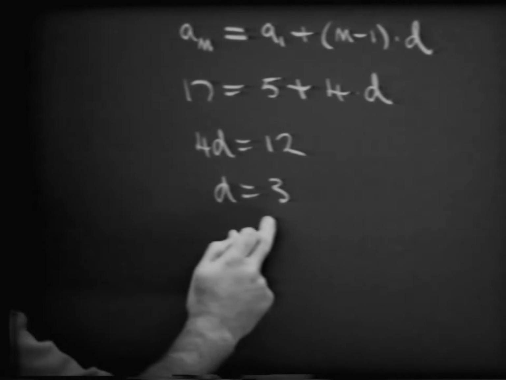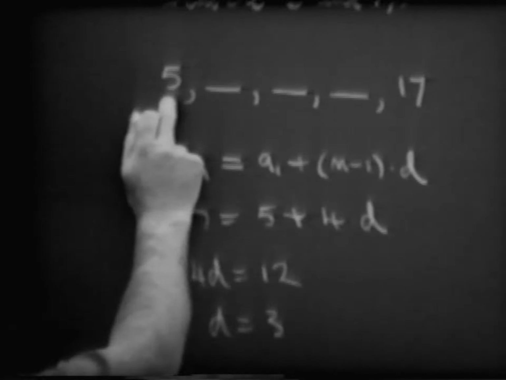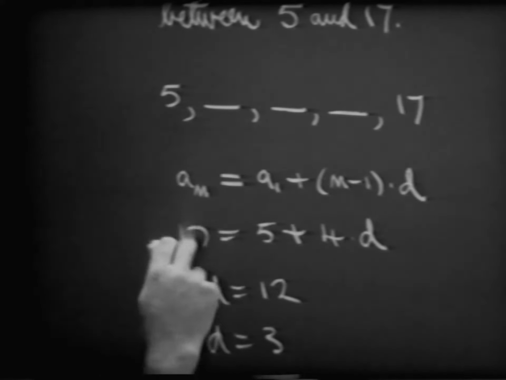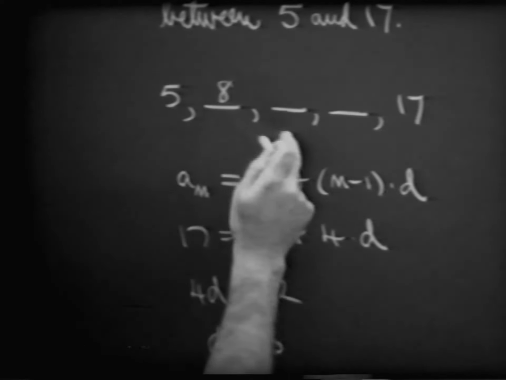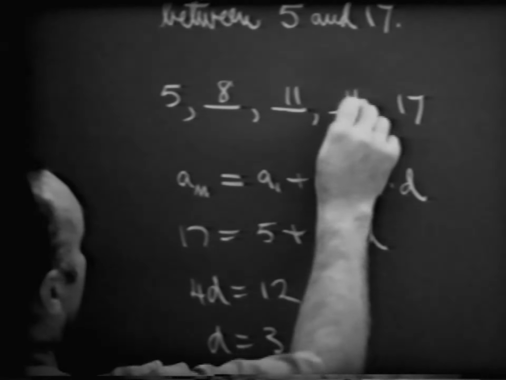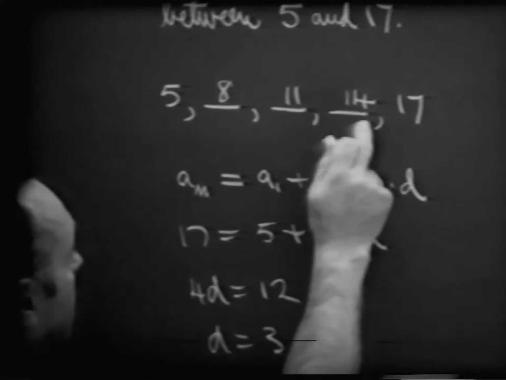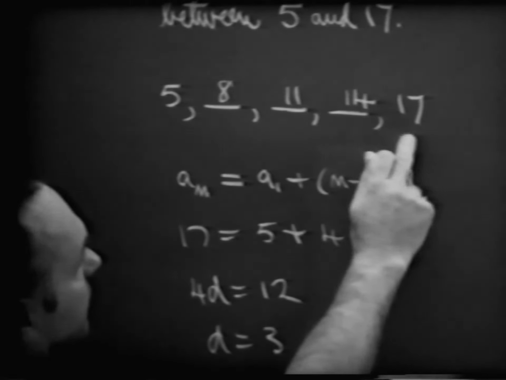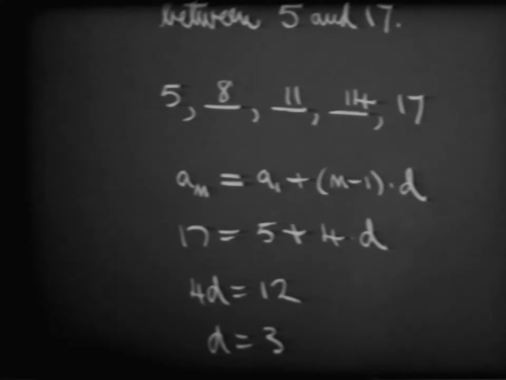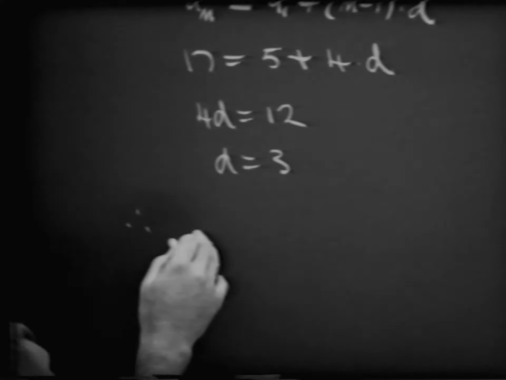Well, if d is equal to 3, let's take our first element, the first term of 5, and add 3 to it, so the second term must be 8, the third term must be 11, and the fourth term must be 14. Let's check: if we were to add our common difference of 3 to 14, sure enough we end up with the last term of 17. So therefore, let's write our conclusion.